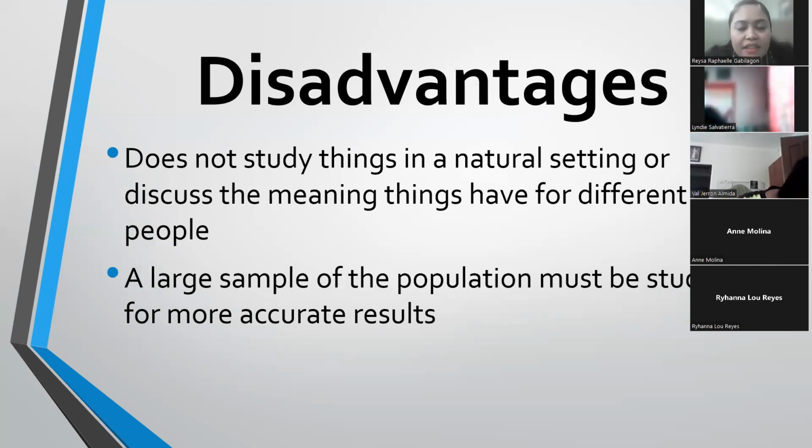What's the disadvantage or the disadvantages of doing a quantitative research? Most of the time, we don't study things in their natural setting, especially for experimental research. So example, drug discovery, like you want to test a certain plant sa kanyang antibacterial activity.